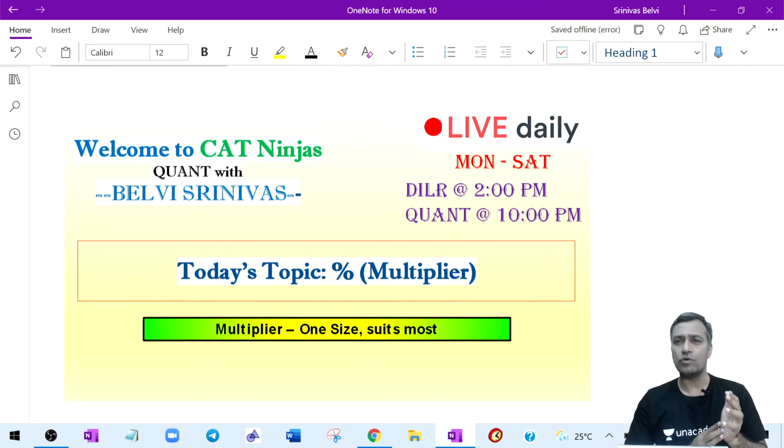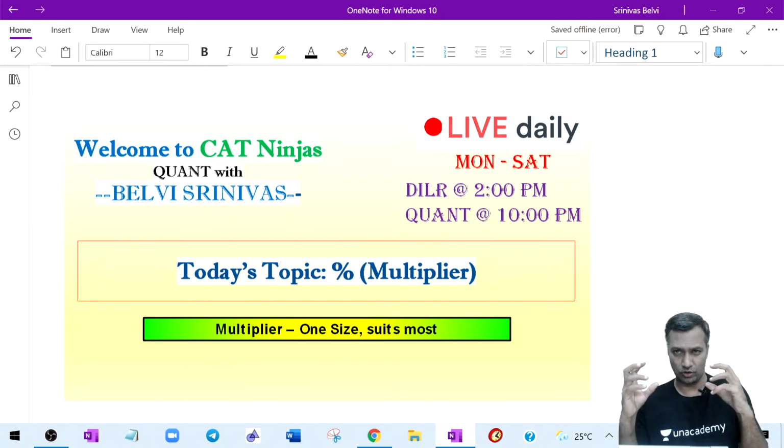This would be more from the perspective of CAT 21. If you're preparing for CAT 22, you can attend, but because a little bit of background is required, I'm talking about one tool, the largest tool of percentage. There may be some preparation required behind this. I'm sure most of you in high schools or colleges would have done this. I'm not denying that, but nevertheless let me reiterate, because had you done that, the rest of the lecture would make a lot of sense.